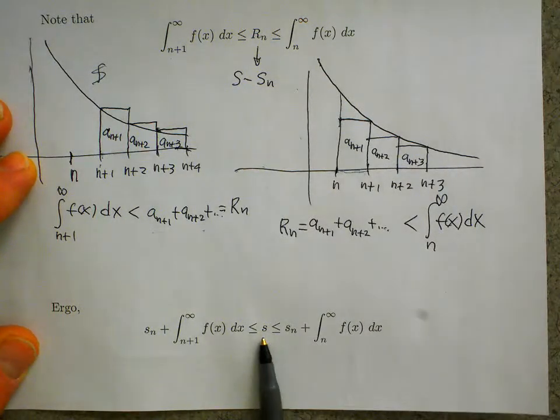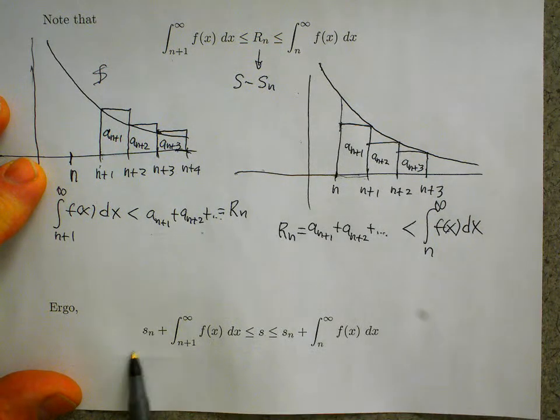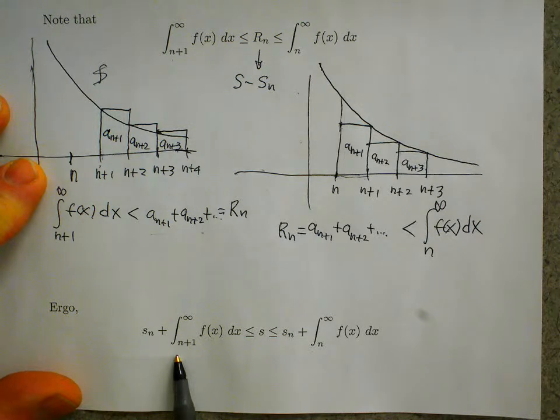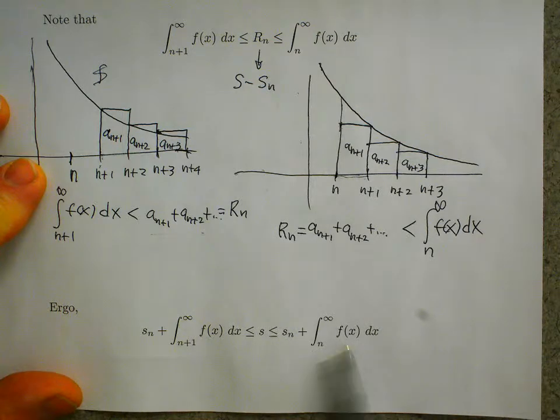So s, which is the sum of the infinite series, is between s sub n plus the improper integral of f of x from n plus 1 to infinity, and then the larger value is s sub n plus the improper integral of f of x from n to infinity.